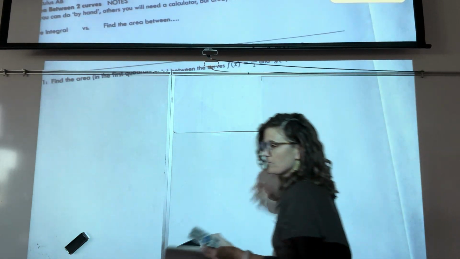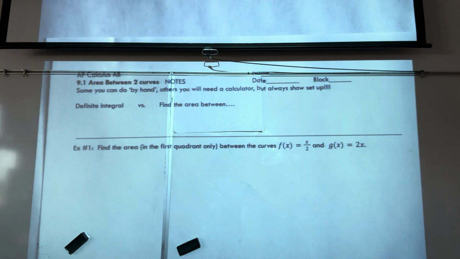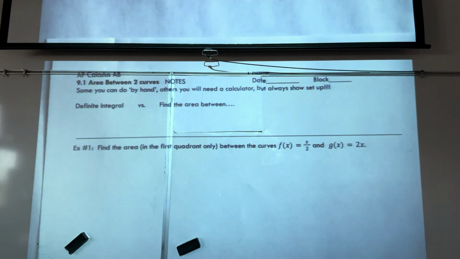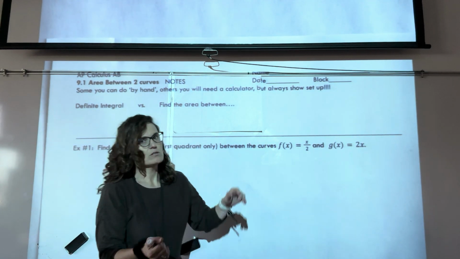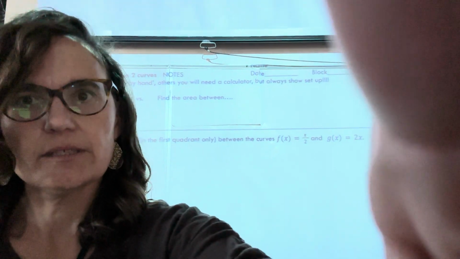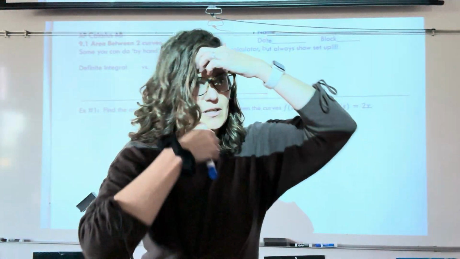So here's our first example. This one we can actually do without a calculator, which is nice. Definite integrals, y'all. Is it possible to get a negative out of a definite integral?